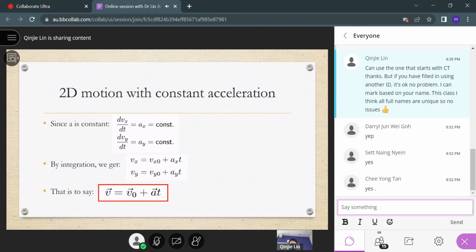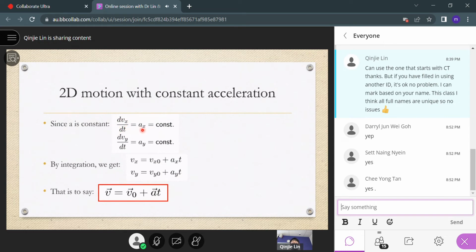So 2D motion with constant acceleration, again, down here we have some derivations to show how the equations are valid for 2D motion. But I don't want to confuse you all so much with the derivation. So just very, very roughly again, down here, since a is constant, a must be constant again. We have this equation here.